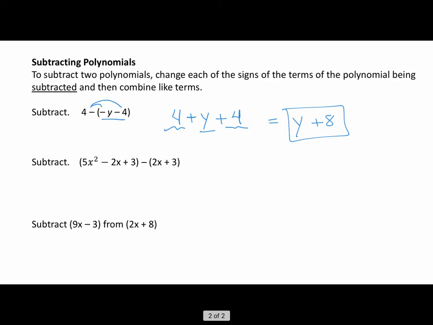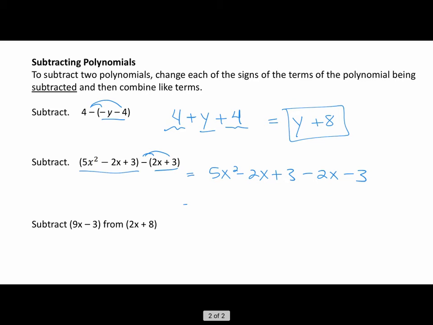Our next example, we're going to just remove the parentheses from the first polynomial because it's like we're just distributing a positive 1, which doesn't change anything when we multiply by 1. But the second polynomial that's being subtracted, we need to distribute the subtraction. So that becomes a minus 2x and minus 3.